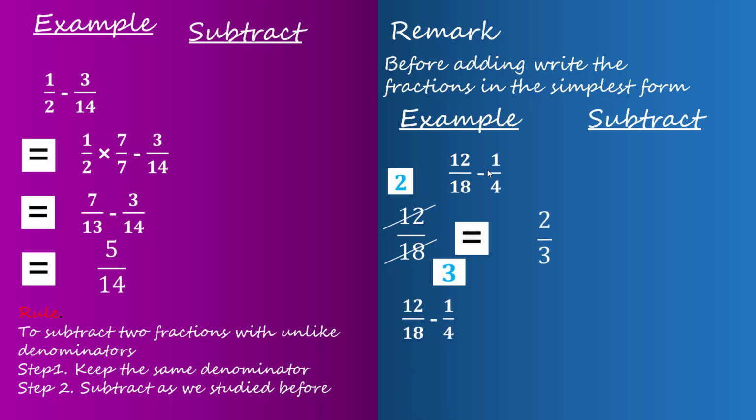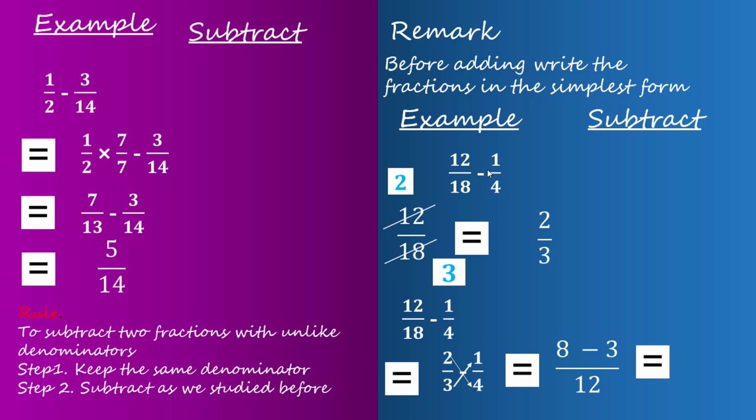Now we can subtract 12 over 18 minus 1 over 4, it will be 2 over 3 minus 1 over 4. Now we can do cross products, it's very easy to find. So the new denominator, which is 12, and the cross product 8 minus 3, it will be 5 over 12. By the way, cross products 2 times 4 and 3 times 1, so it will be 5 over 12 in the simplest form.